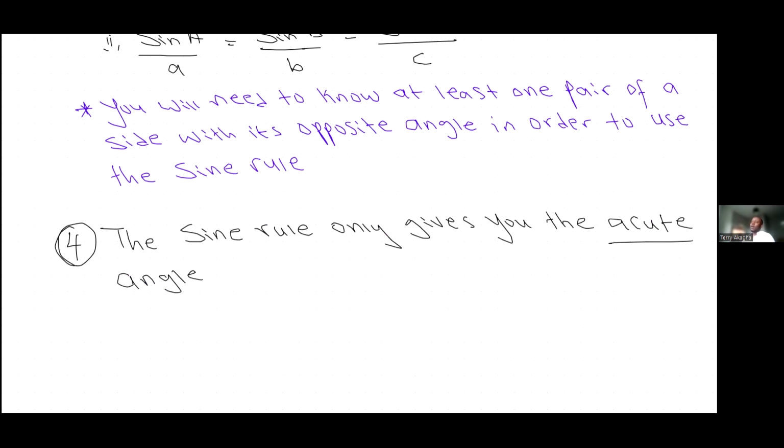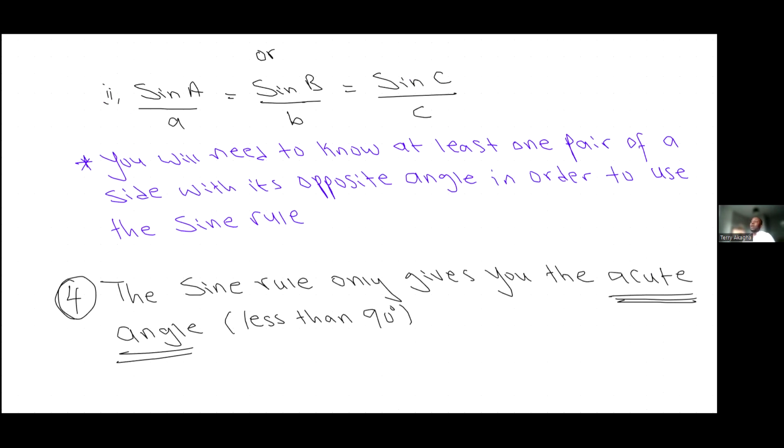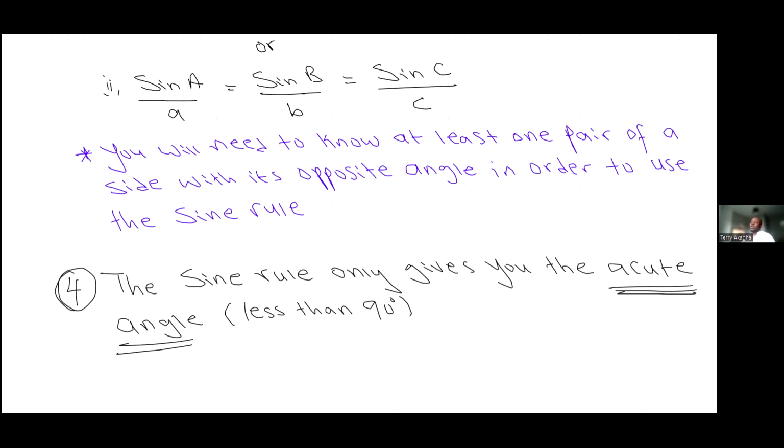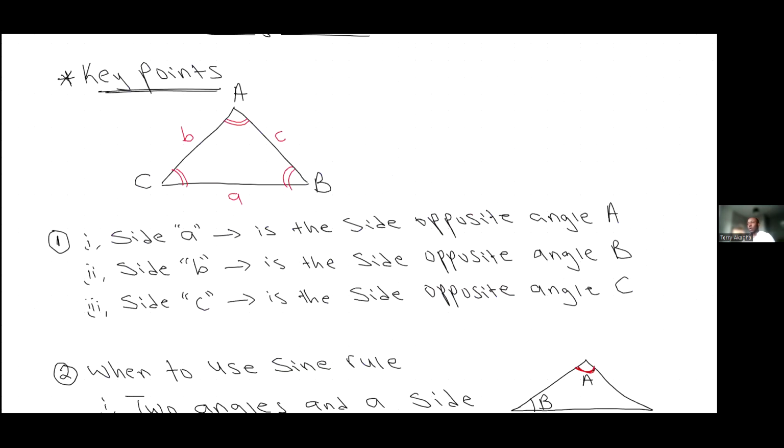So we talk about acute angles, an angle less than 90 degrees. I'm going to talk about this when I get to the point of talking about obtuse angles, but I just need to throw it here so that when we get to that stage, when I start solving, I'm going to just refer to it here. All right. So these are the key points you need to know.